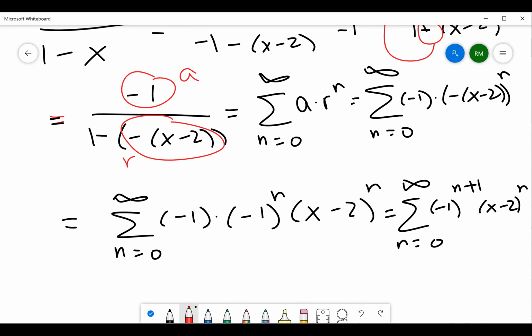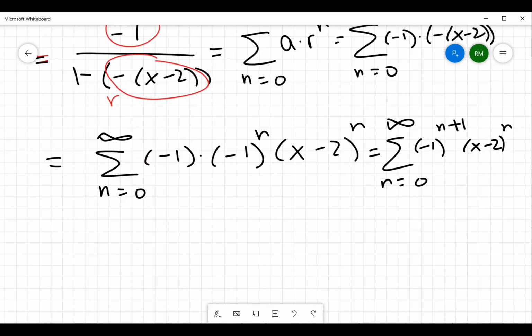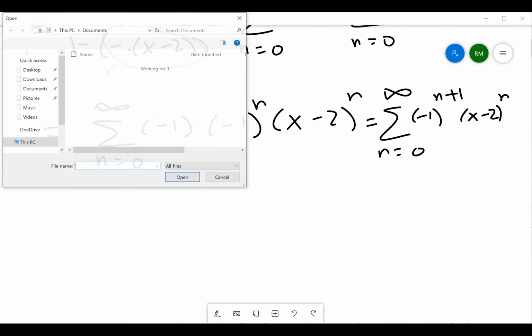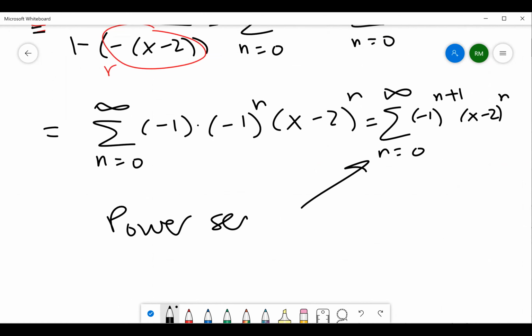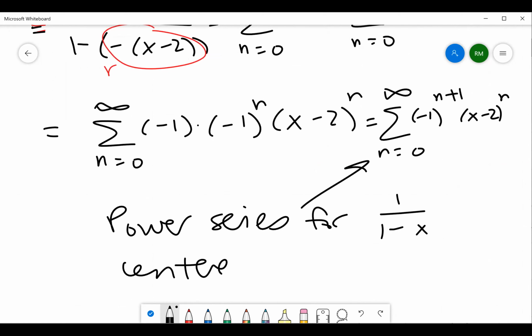And this is our power series centered at c equals 2. This is our power series for 1 over 1 minus x centered at c equals 2.